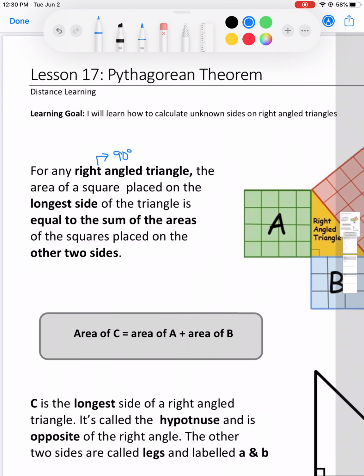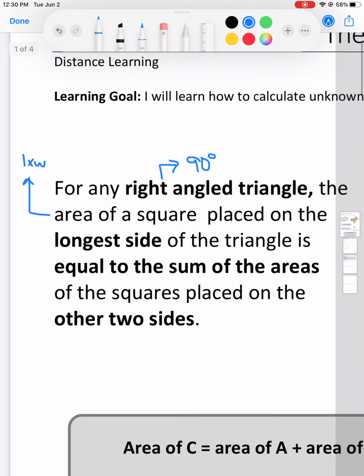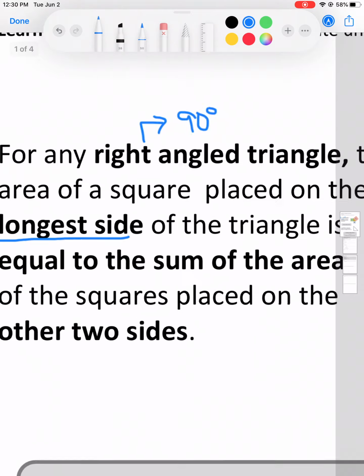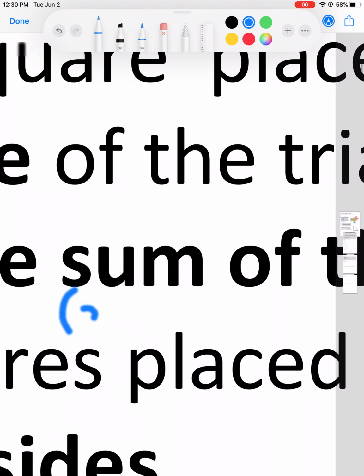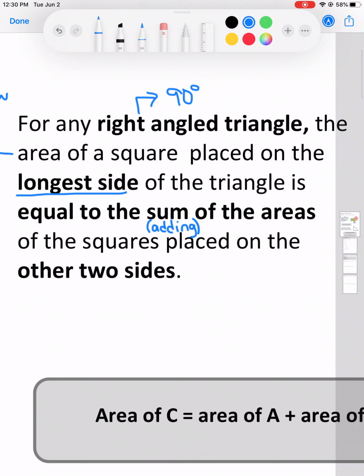The area, what's area equal to? Length times width, right? The area of the square placed on the longest side of the triangle is equal to the sum of the areas of the squares placed on the other two sides.